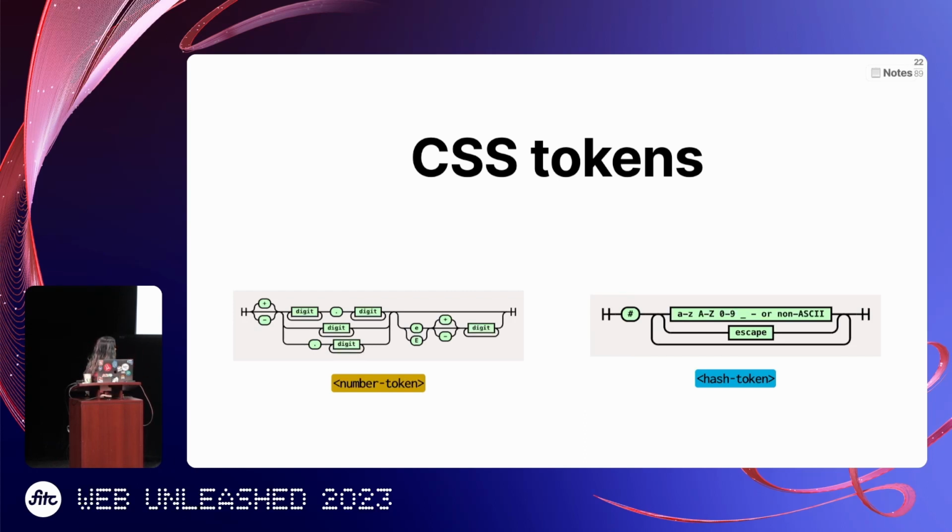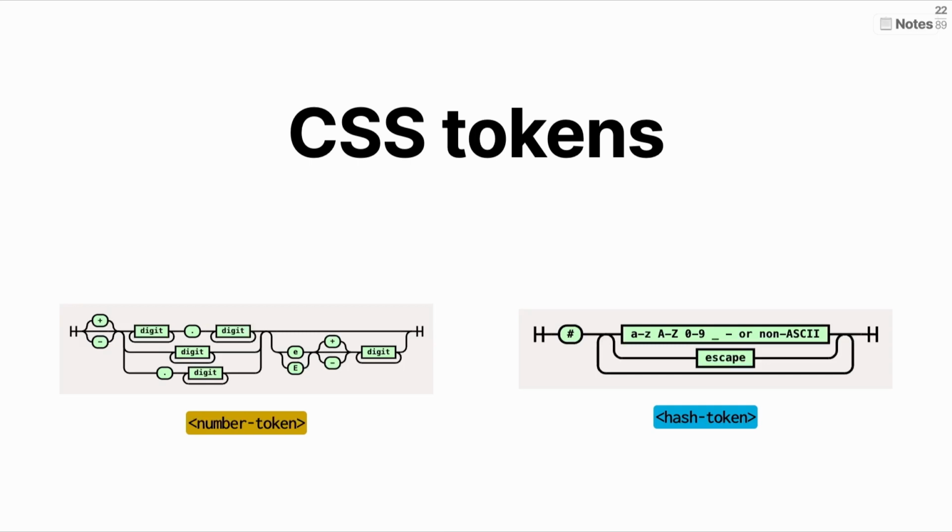Here are two examples of CSS tokens. These are presented with railroad diagrams. Basically, imagine that every character you read starts from the left, and depending on what it is, you go to the right. And if you can parse the whole thing with that diagram, then you have a number token, or same thing with hash tokens as well. And these diagrams are taken directly from the CSS syntax specification.